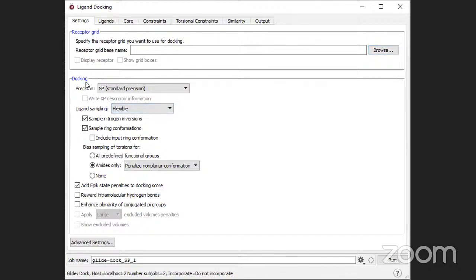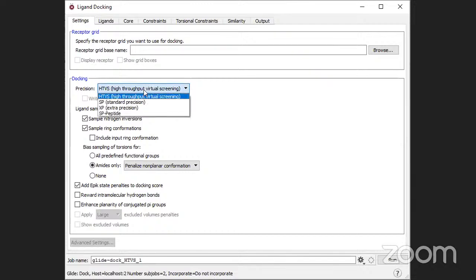And here you can see docking options like different kinds of precision: SP standard precision, HTVS high throughput virtual screening, XP extra precision, and peptide docking. If our ligand molecules are in millions, like if we are screening databases which contain more than lakhs, then we'll use high throughput virtual screening. Then the job will be completed very fast.